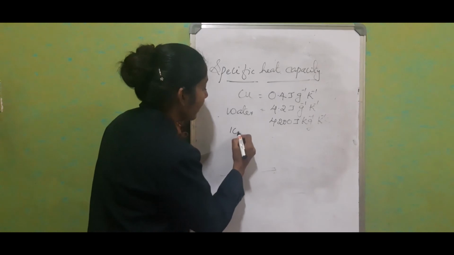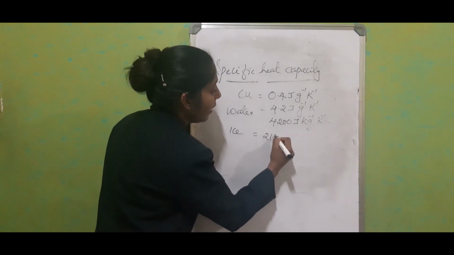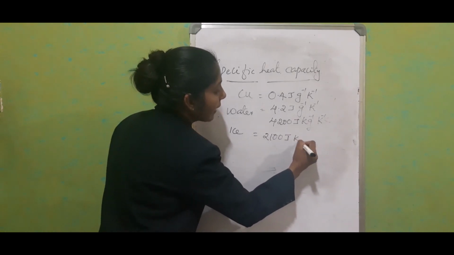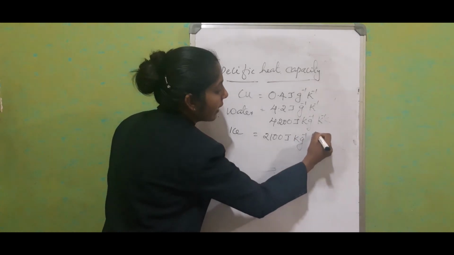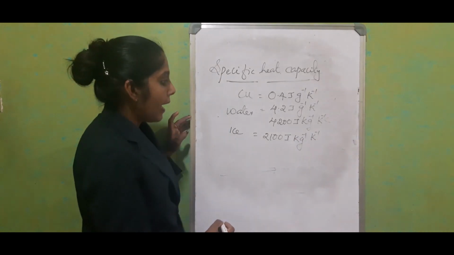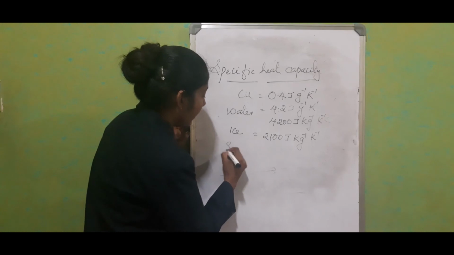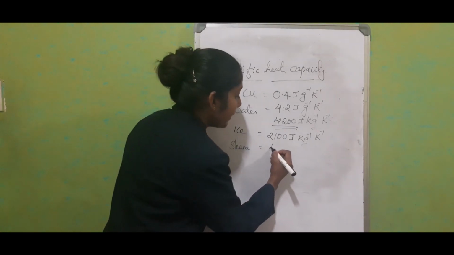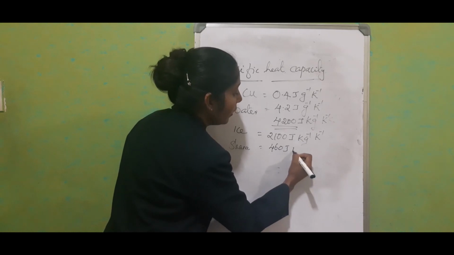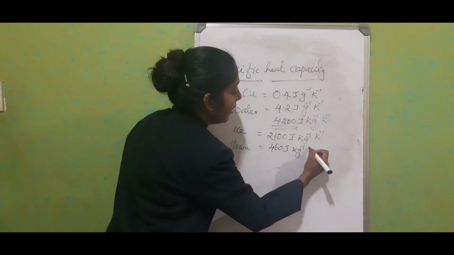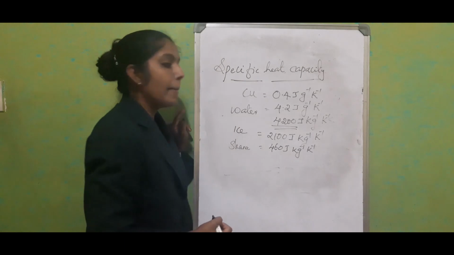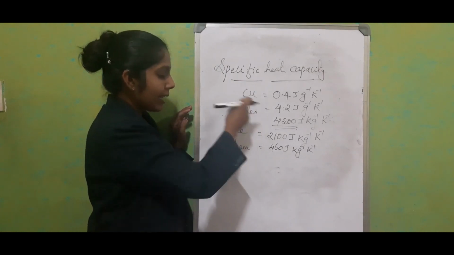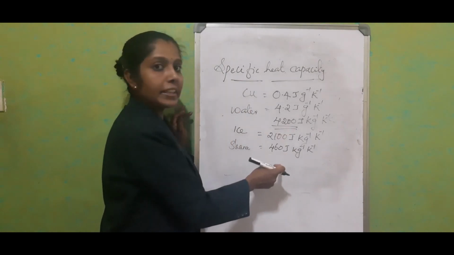For ice, the specific heat capacity is 2100 joule kilogram raised to -1 and Kelvin raised to -1. And for steam it is 460 joule kilogram raised to -1 and Kelvin raised to -1. So even in the same substance in three states, we can see the differences.